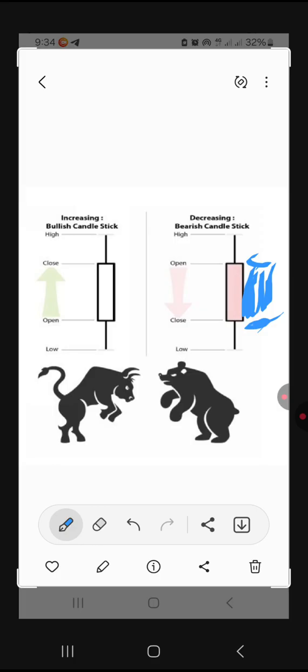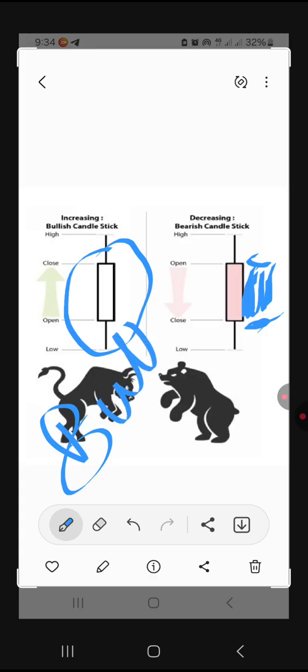So when you have a hollow one that is not filled, where the market opened from is lower than where the market closed, this is a bullish candle. Bullish. Bull and then ISH. A bullish candle.